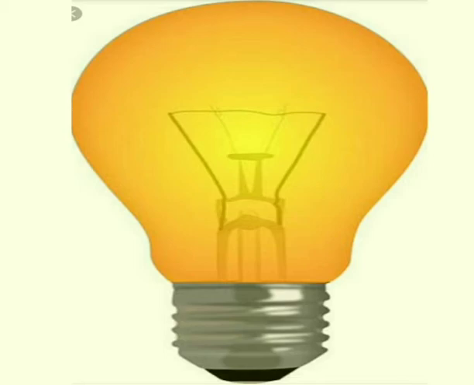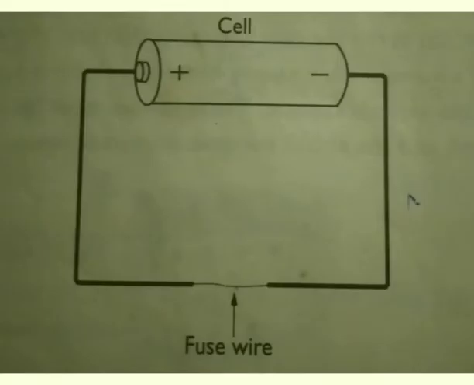Things required: a battery of 4 cells, a thin strand of steel wool, which is commonly used for cleaning utensils and is available in grocery shops too, and 2 connecting wires. Now peel off the ends of the 2 connecting wires and connect the strand of steel wool between them.